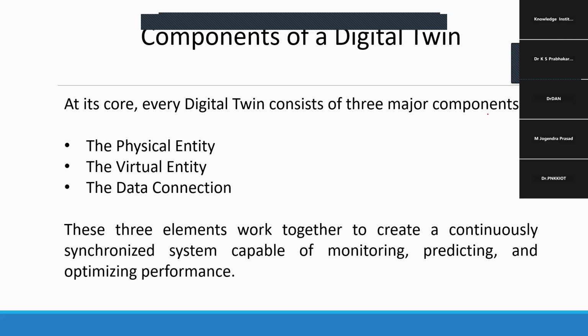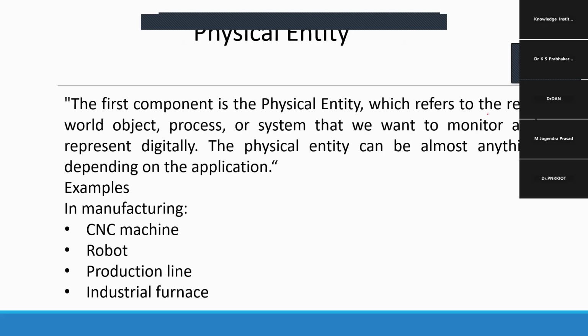Now let's start with the first component, the physical entity. As I already said, it refers to an actual physical system or object. It can be an object, a system, a machine, or a process.